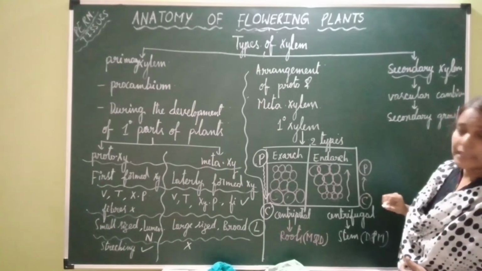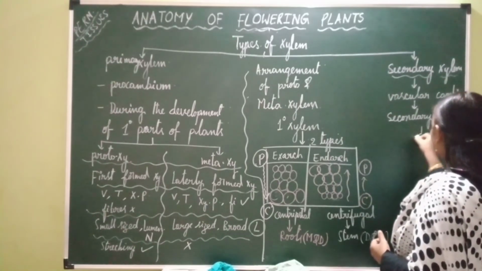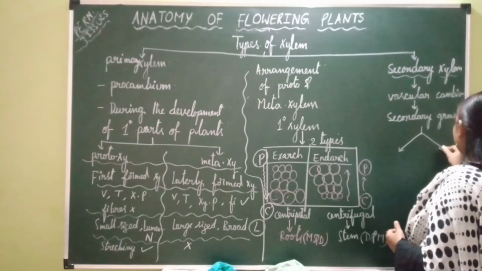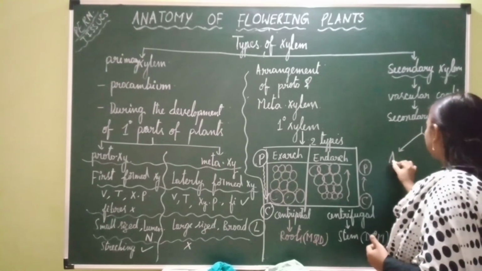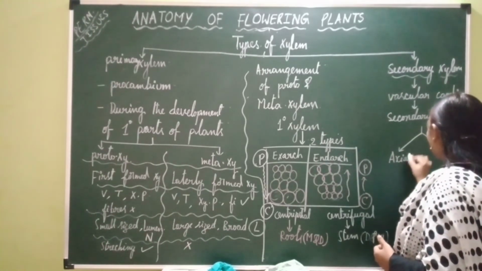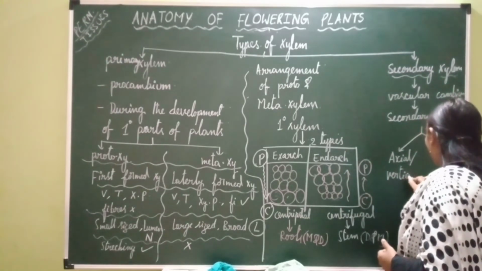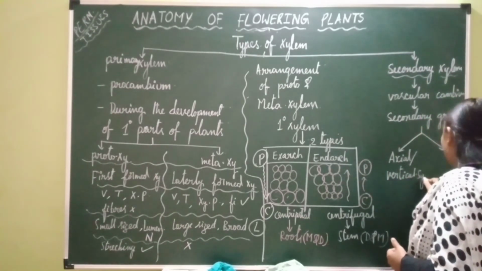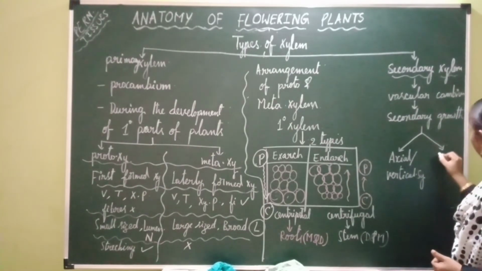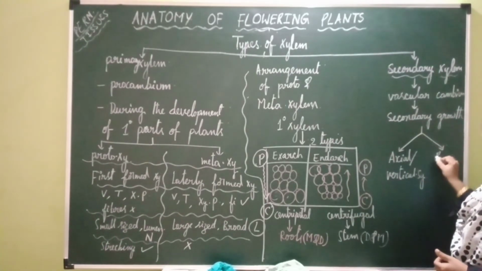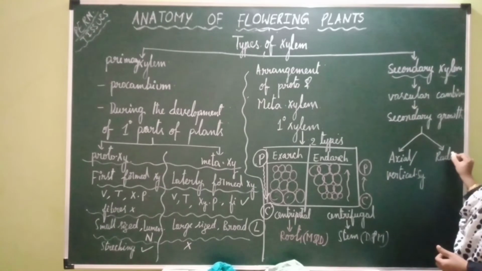In the secondary xylem, two systems are present. They are the axial system, also called the vertical system. And another system is the radial system, also called the horizontal system.